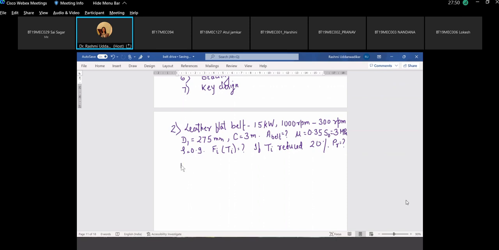Rated power is given, give me the design power. Refer to the design data book and quickly give me the values, please. Rated power. Give me the design power. Assume the service factor for the belt as 1.1. Since applications are not given, we have to assume some application.